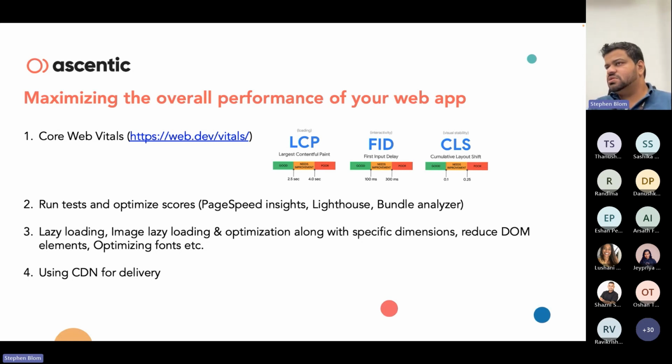These are what you see on screen: largest contentful paint, first input delay, and cumulative layout shift are three of the main metrics evaluated in determining Lighthouse scores, PageSpeed Insights scores, and how Google ranks your application. So let's go back to our application, run some Lighthouse tests, run some bundle analysis, and see some techniques we could use to optimize our overall performance.